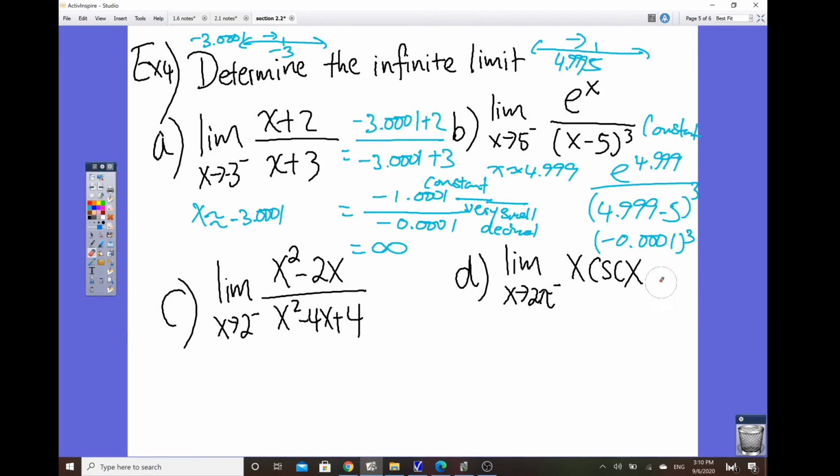So for the result here, a positive constant divided by very small negative numbers, constant over a negative very small decimal, that one is going to be considered negative infinity. So this one here, then that'll be considered negative infinity for the limit.